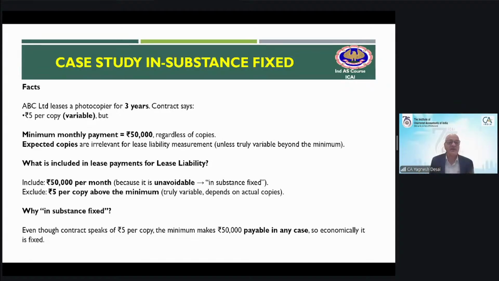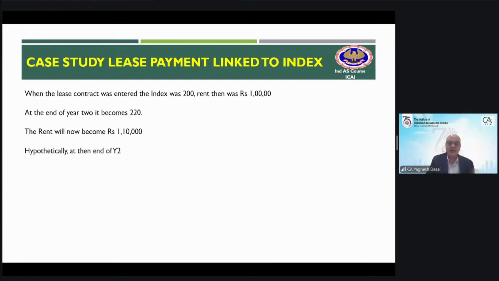What is included in the lease payments? ₹50,000 per month, because it is unavoidable. It is in substance fixed. Whether you take 5,000 copies or 15,000, the payment is fixed, and that's why this is known as in substance fixed. It will be included in the lease payments.